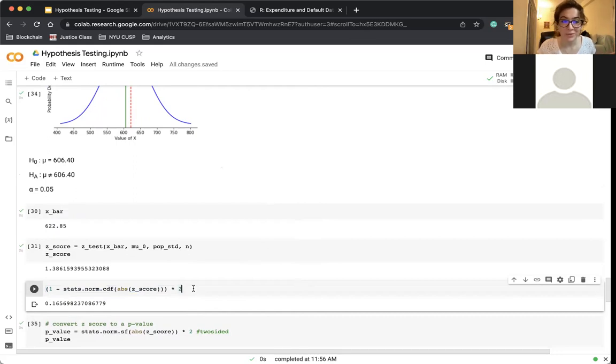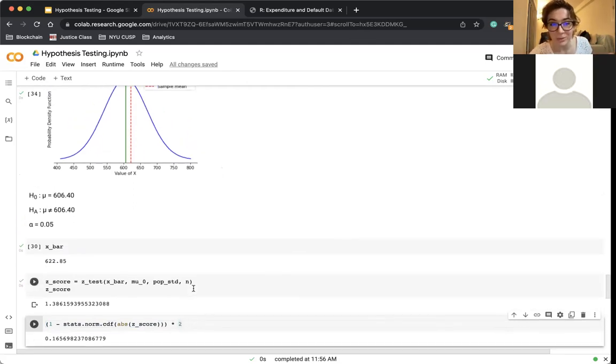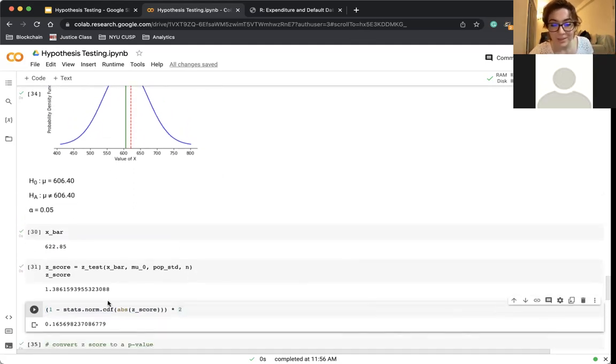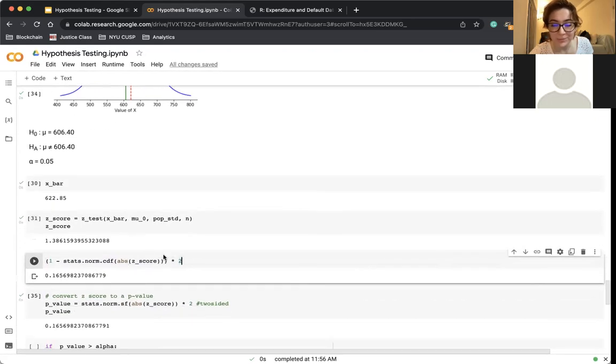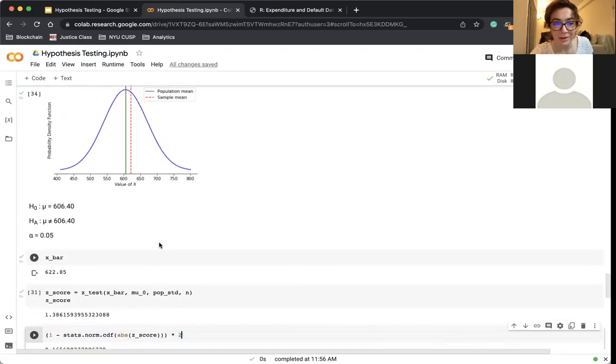So now we're using the same concepts, but in a different way. Because we didn't divide by 2 in the beginning, we now need to multiply this by 2 in order to account for the area under the curve on both sides.